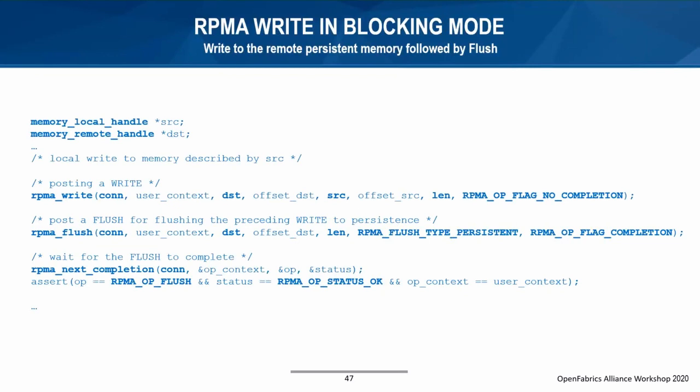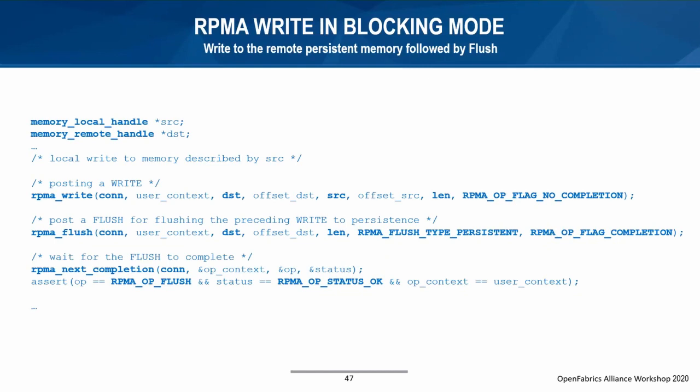The context is that we already have an established connection, and we would like to write something to remote persistent memory and ensure that it is stored there securely. First of all, we execute this RPM write command in the context of some connection with some user context, to identify later what the initiator of this write was.